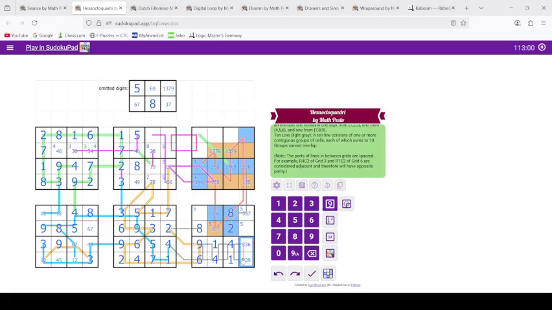So either we have a 2, 3 with a 6, 9 there, or we have a 6, 9 with that repeating there. This is 2, 4, 6, or 8.